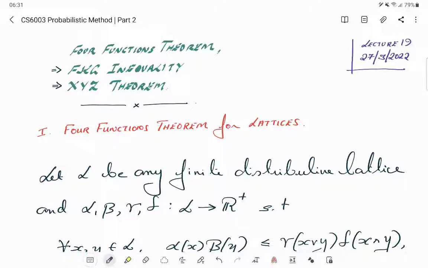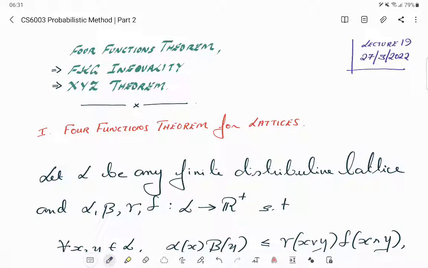Remember, I'm not going to recall the four functions theorem in its original version, but I'm going to directly restate it for lattices. The key ingredient in deriving this theorem from the original four functions theorem was the lattice isomorphism from any finite distributive lattice to the lattice formed by the power set of a set under the subset relation.